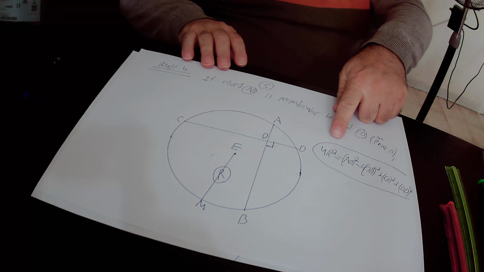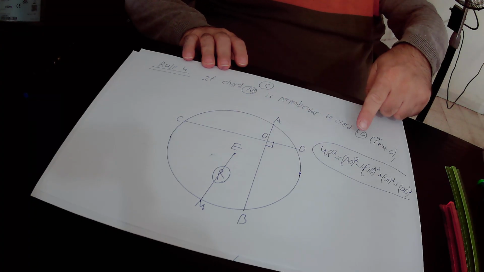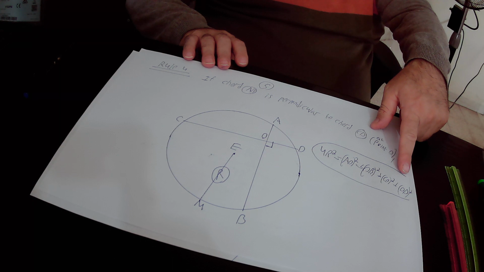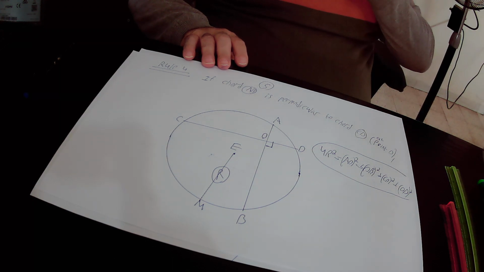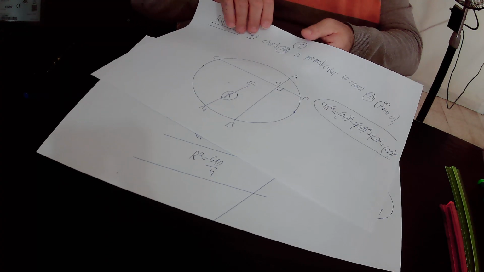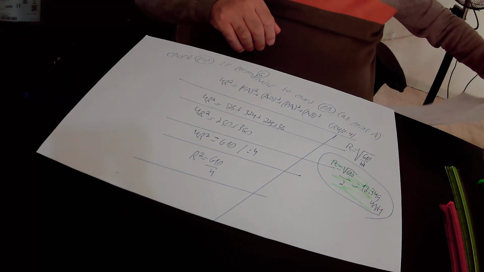Again, 4R squared, R is the radius of this circle, equals AO squared plus OB squared plus CO squared plus OD squared. So we can implement rule number 4 in our drawing.